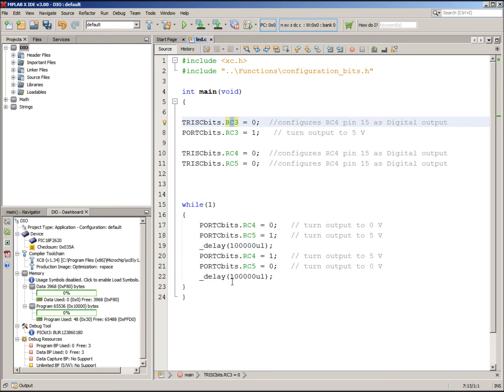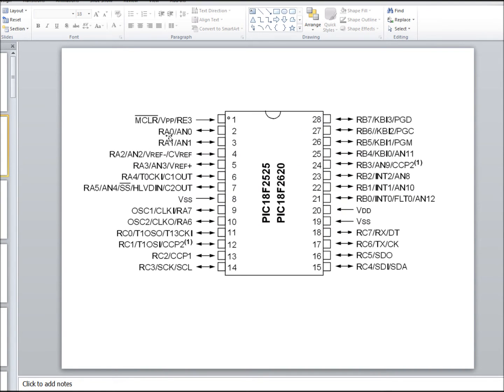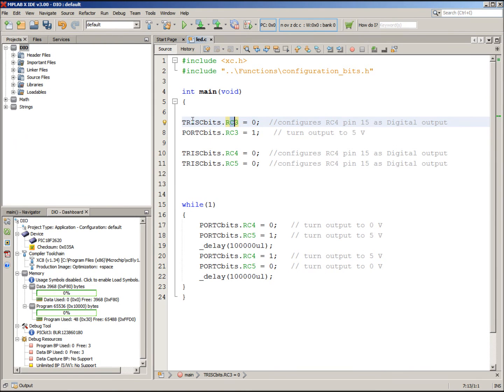If I wanted to use pin RA0, let's go back to the code, I would put A here, RA0. That's all I would have to do.